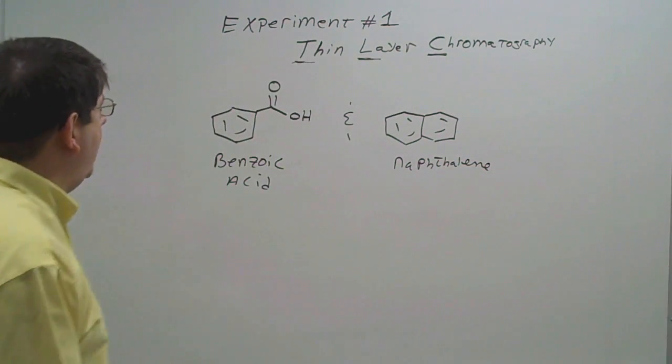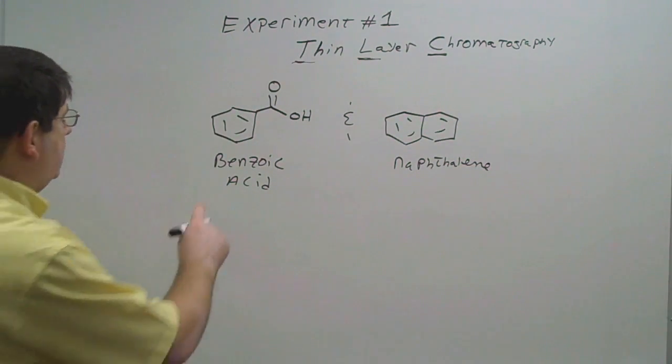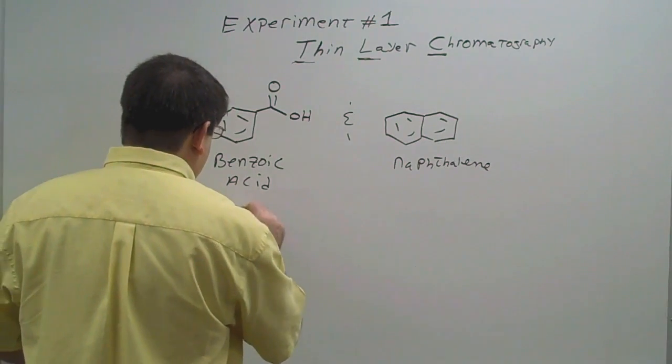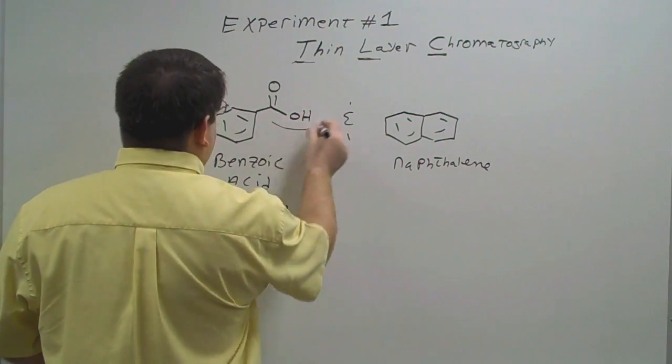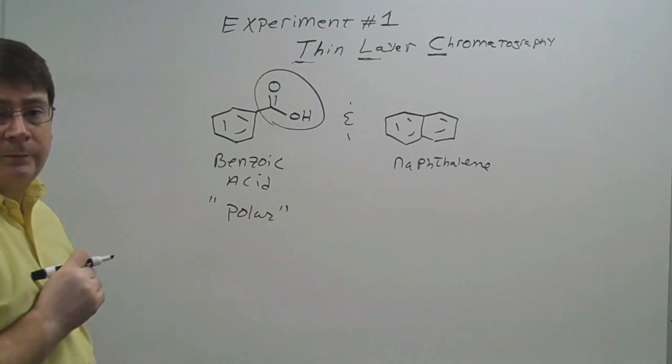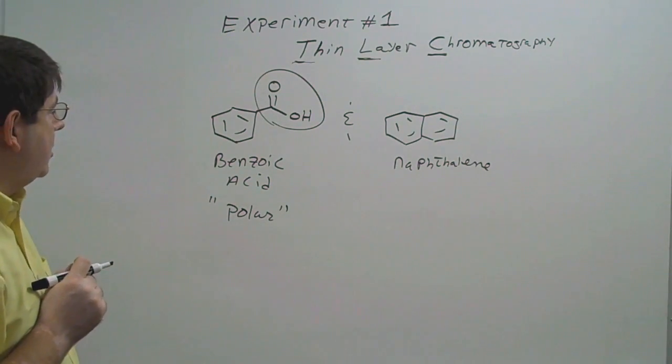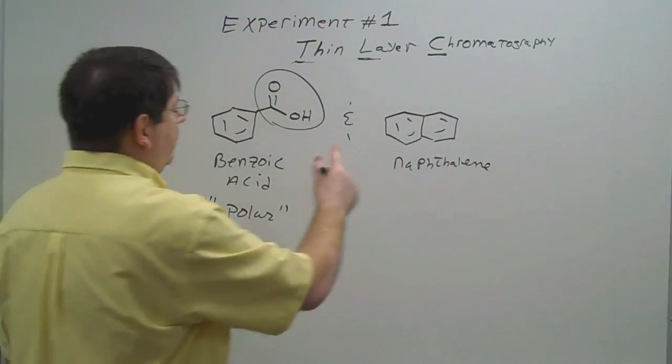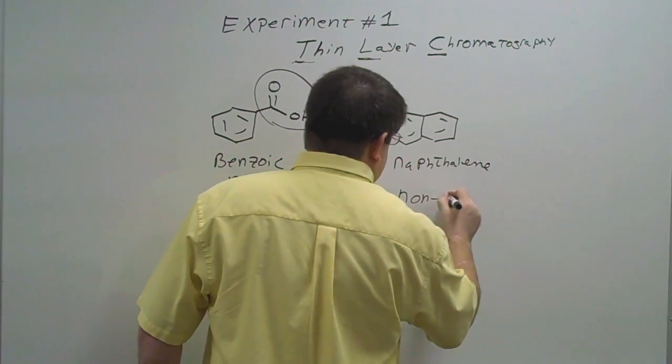Now, if we look at these two compounds, we should easily recognize that the benzoic acid is going to be polar because it has this carboxylic acid group, and it's a very polar group, and so it's going to be our polar component. Naphthalene is nonpolar.